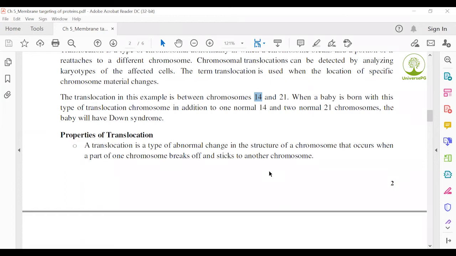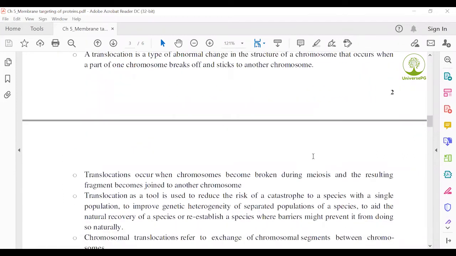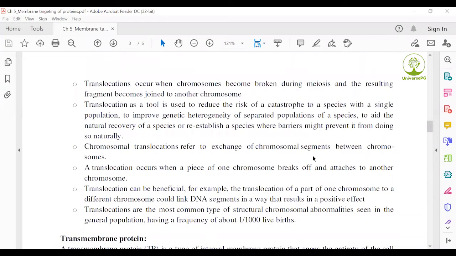Already we talked about how, after breakdown, the fragment attaches with a nearby adjacent chromosome. Translocation occurs when chromosomes become broken during meiosis and the resulting fragment becomes joined to another chromosome. So the breakdown occurs during meiosis cell division.